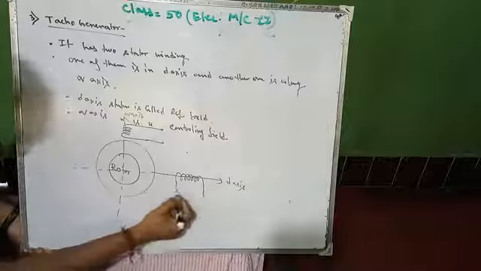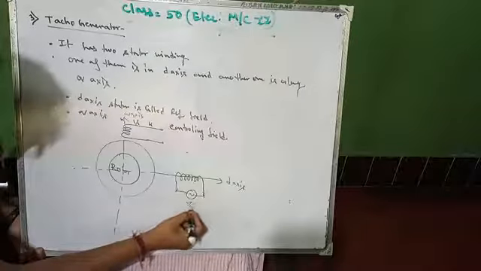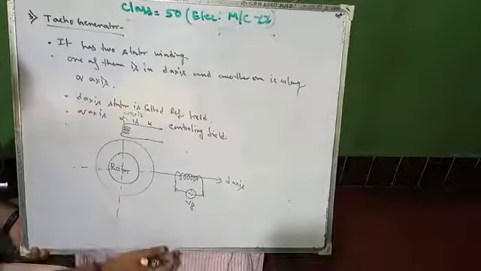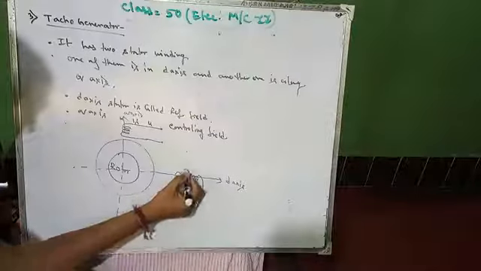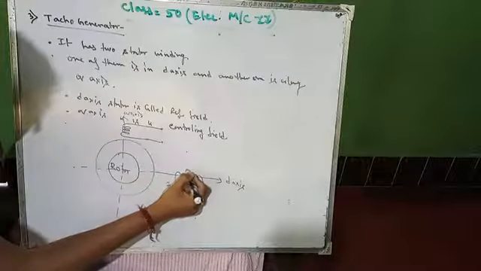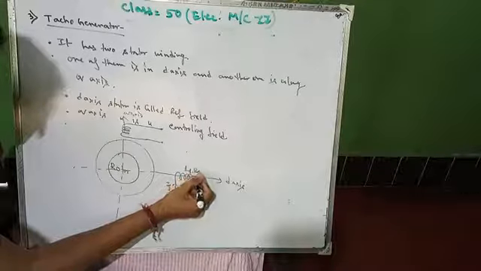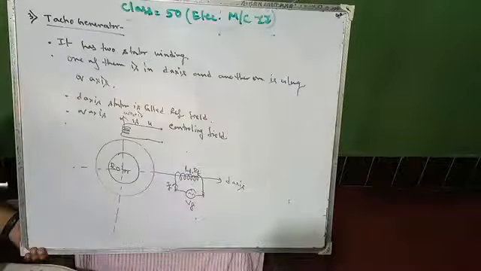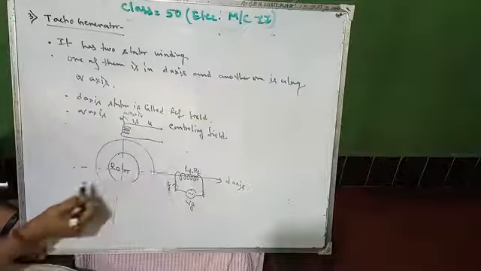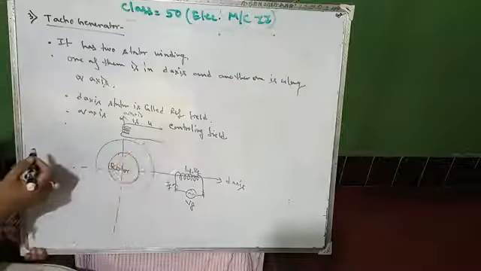The d axis is supplied by a single phase AC source, so it will produce a current IF through some inductance LF and resistance RF, and it will produce a flux, and this also produces a flux.